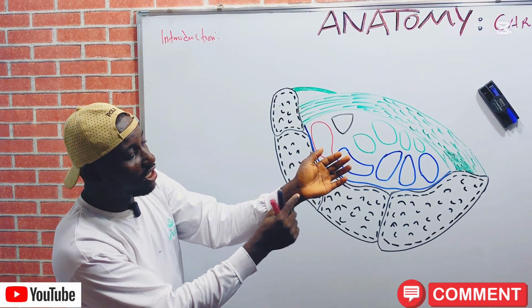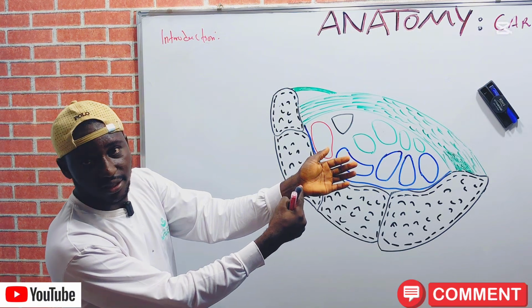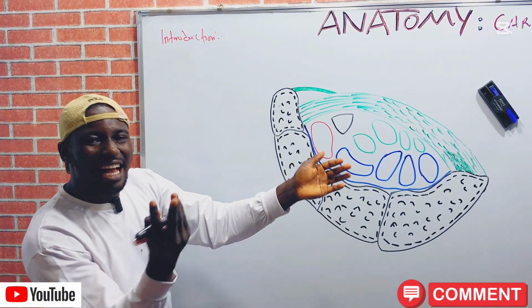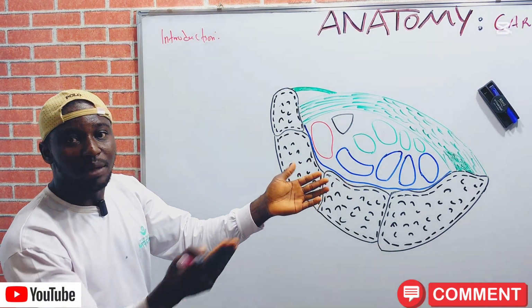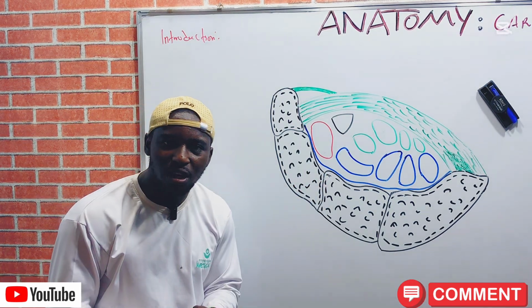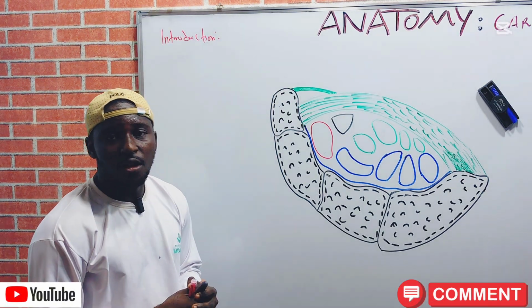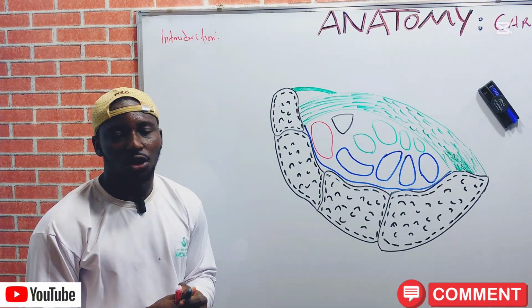This crease, this is where the carpal tunnel is located. Exactly here. This is the distal crease. So it serves as an entrance to the palm for several tendons and the median nerve. That is the introduction of the carpal tunnel.